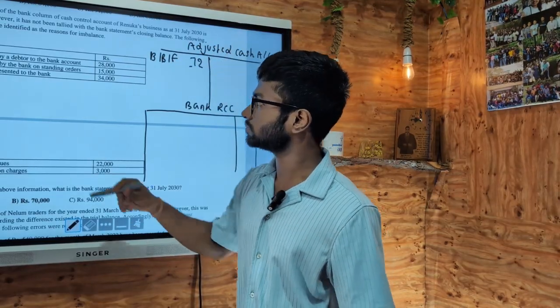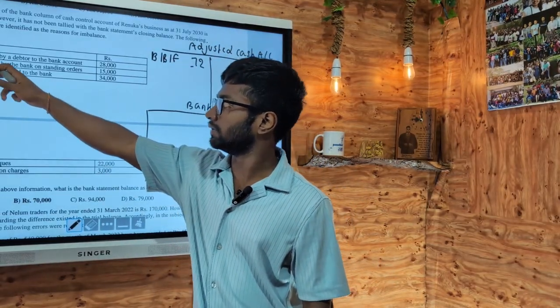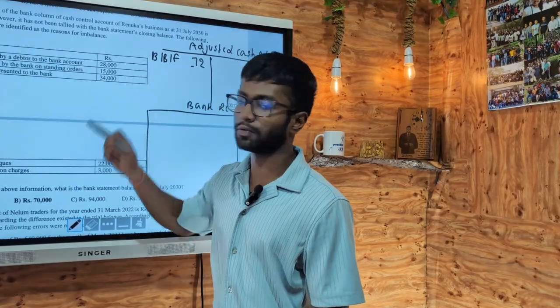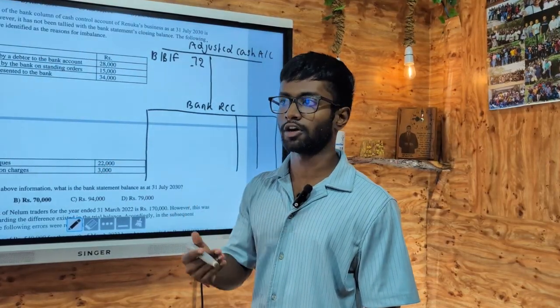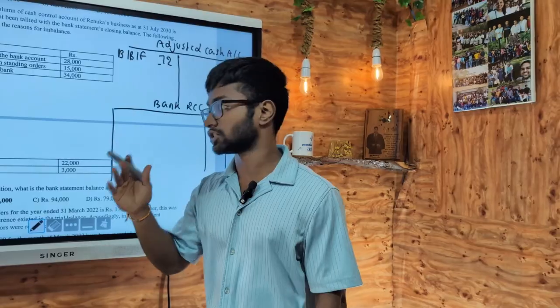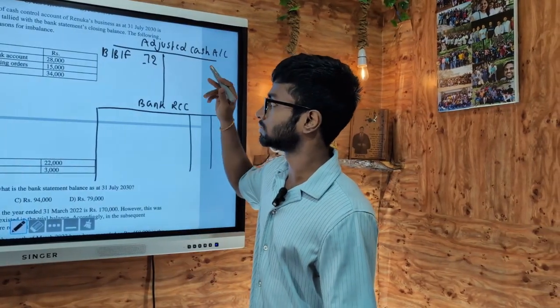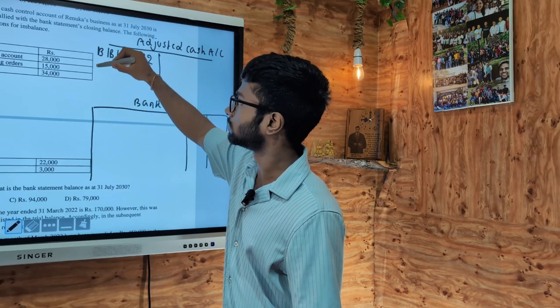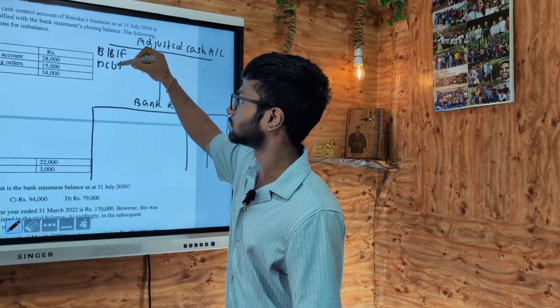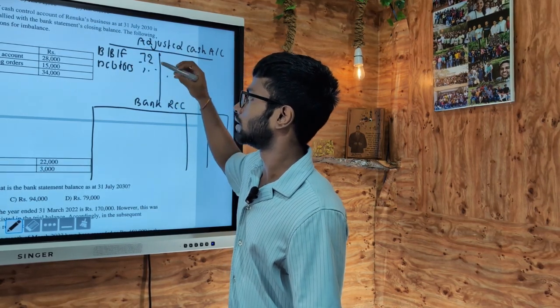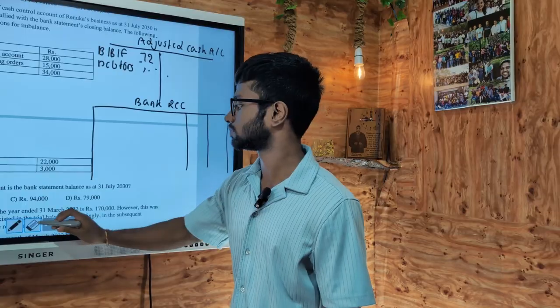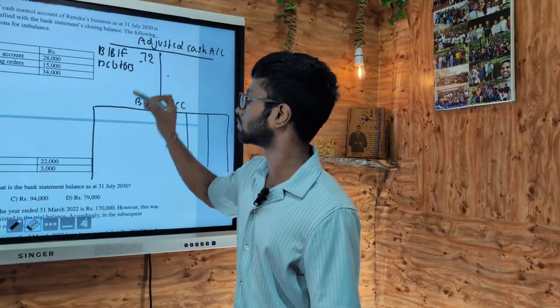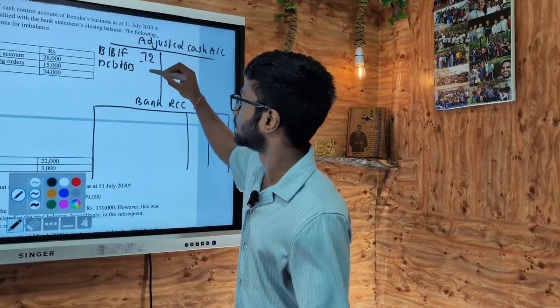72,000. During the year, we have direct deposit from our debtor, 28,000. Now, how you record that is cash debit, debtor credit. We get from debtors a direct deposit of 28,000.